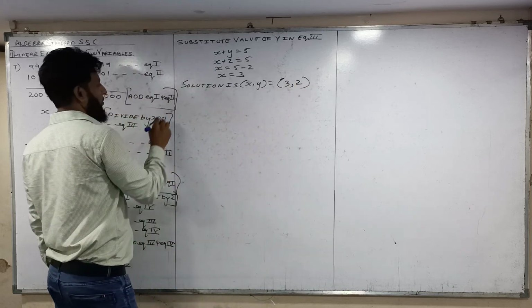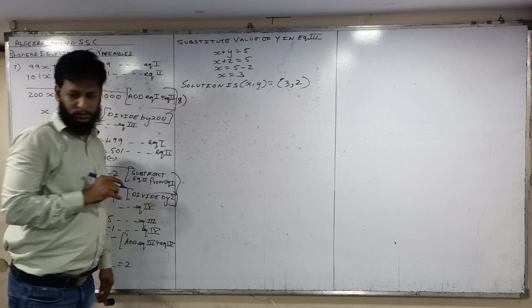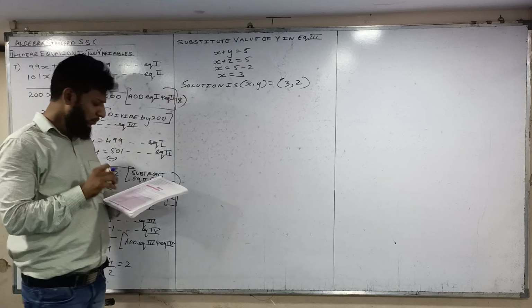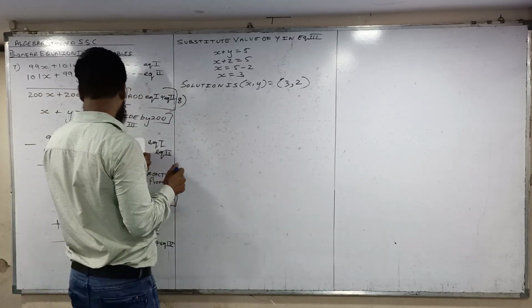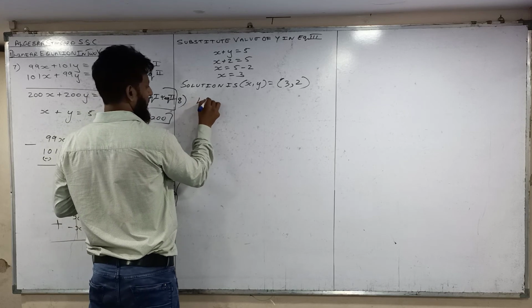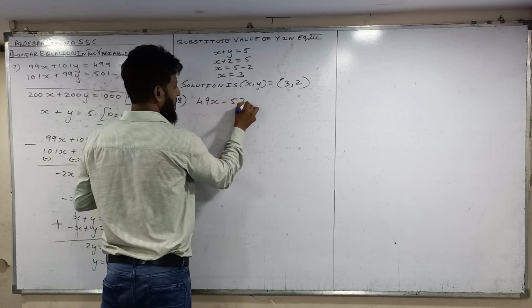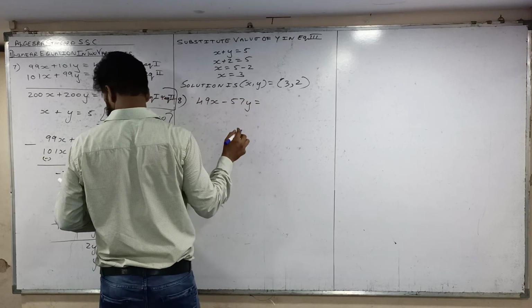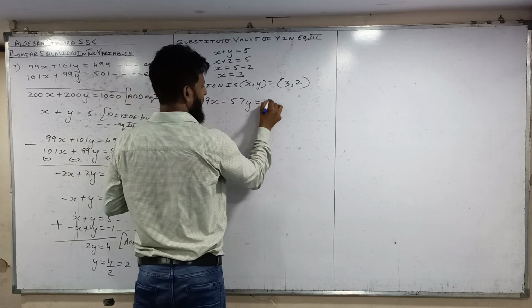Okay, now sum number 8. 49x minus 57y is equal to 172.